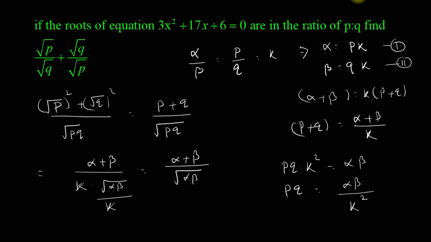Now the sum of roots is minus b over a, so we write minus b, that is minus 17, divided by a, which is 3, divided by under root of the product of roots, alpha into beta, which is c by a, so this is 6 divided by 3. So we have minus 17 divided by 3 into under root 2, since it cancels by 2. So this is the answer of the given question.